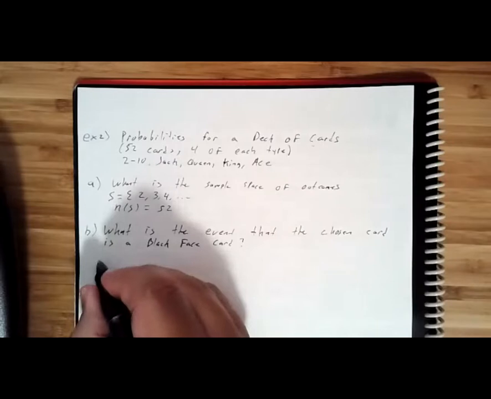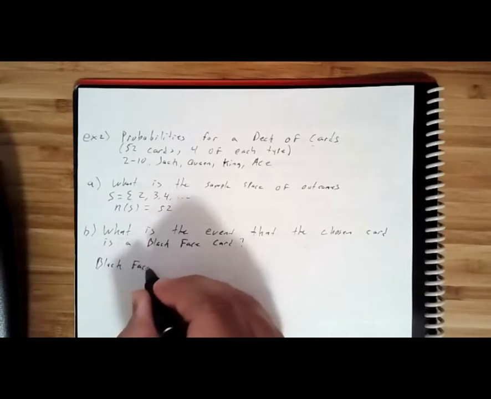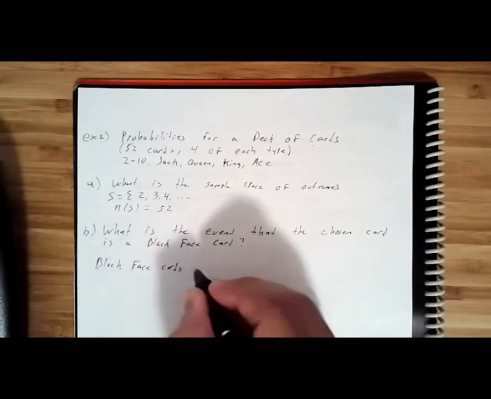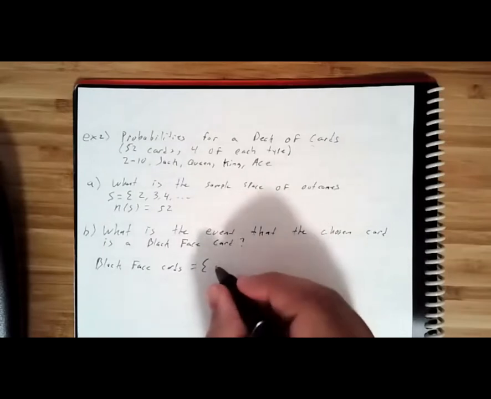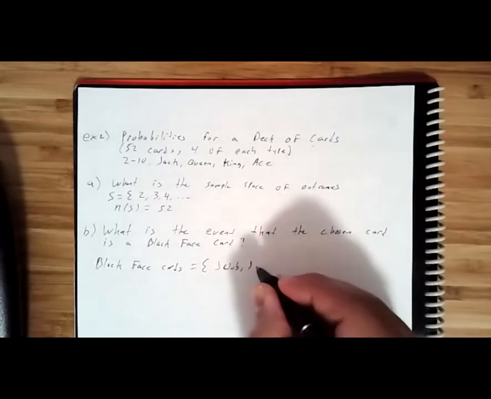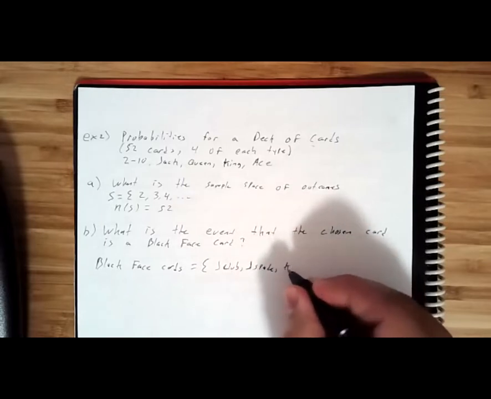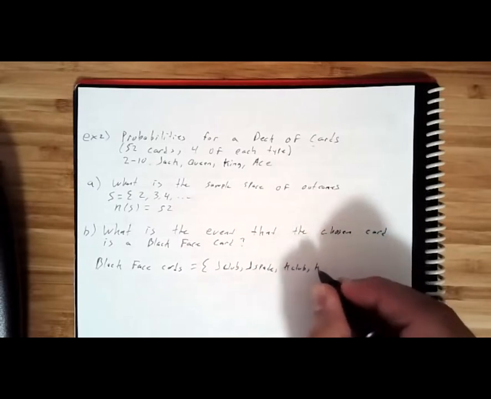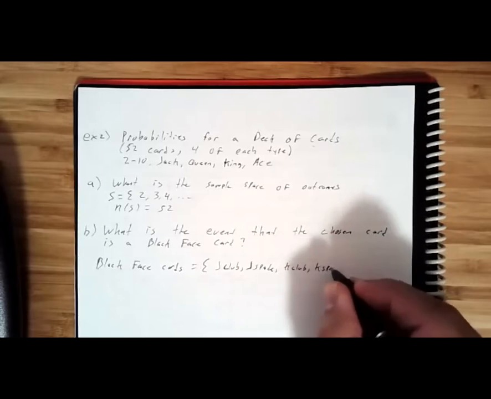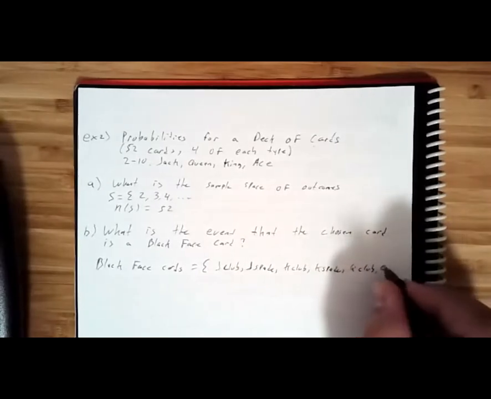And there's 2 blacks for each type. So the black face cards would be Jack club, Jack spade, King club, King spade, Queen club, Queen spade.